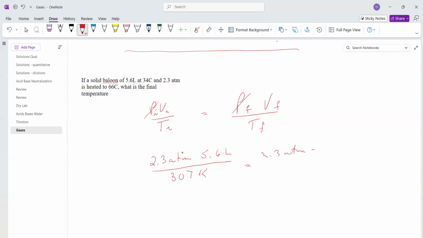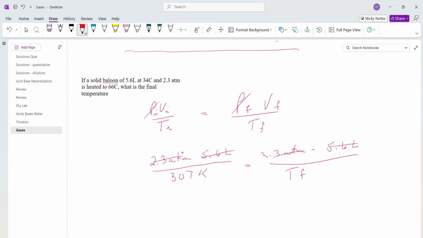No, it remains 5.6 also. We don't know the final temperature. Now, those cancel. Does everyone see how they cancel? If you divide both sides by one of those, they both cancel out.